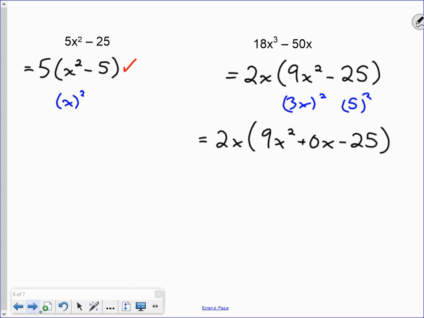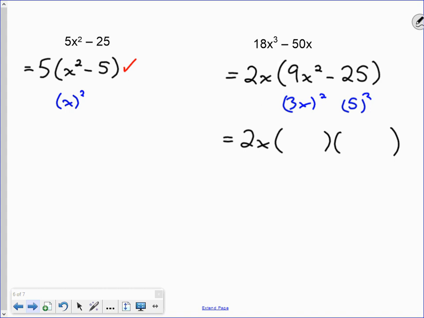But it's much quicker to just recognize this difference of squares pattern. So we'll still have the 2x out in front, and this part that was in the brackets is going to factor as 3x minus 5, 3x plus 5. We've got it written as something times something times something, okay? So we have this in our factored form, and we are done.